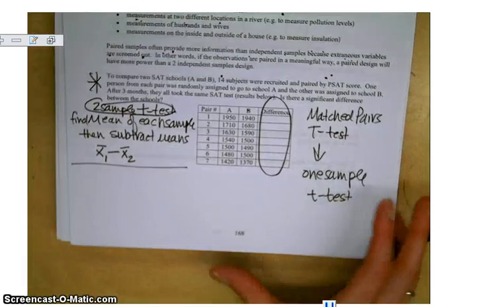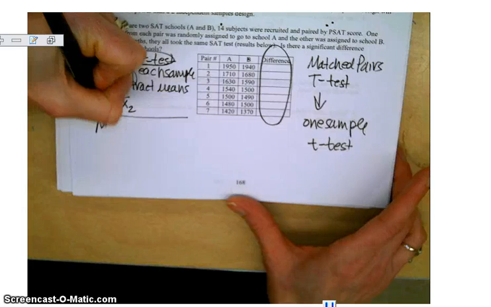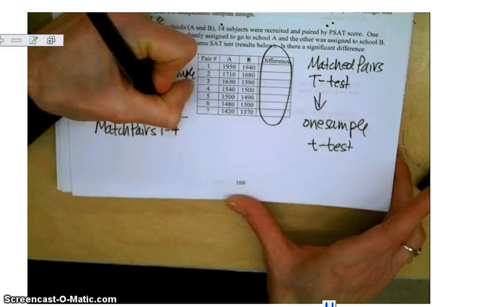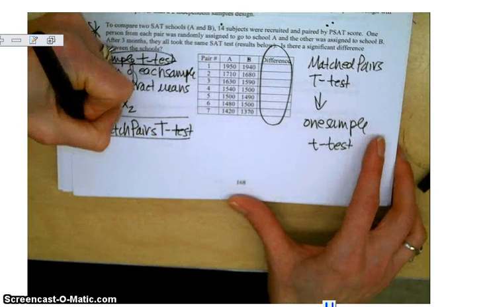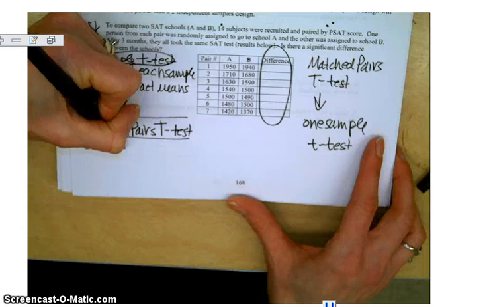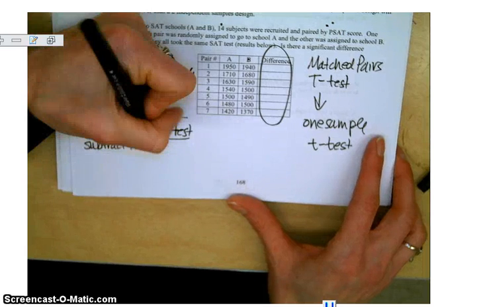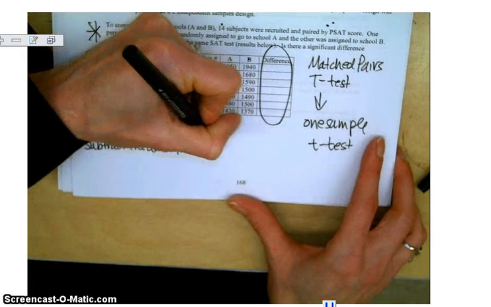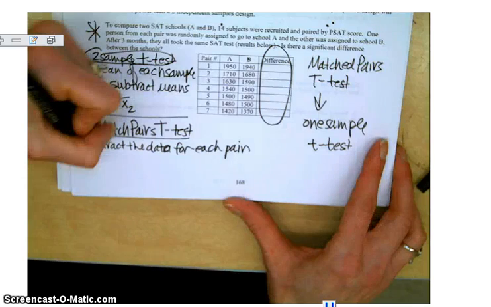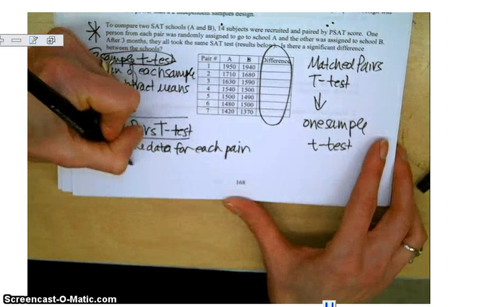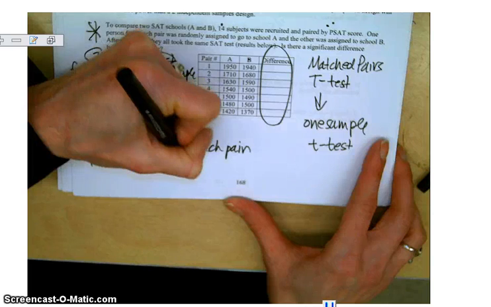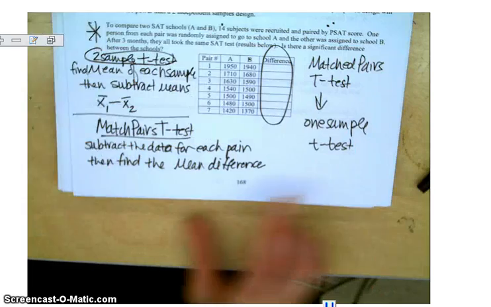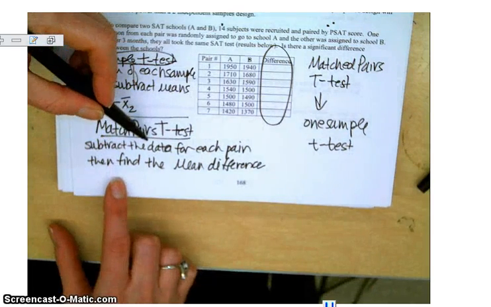But what we are going to do today in a matched pairs t-test is we are going to subtract the data for each pair and then find the mean difference.